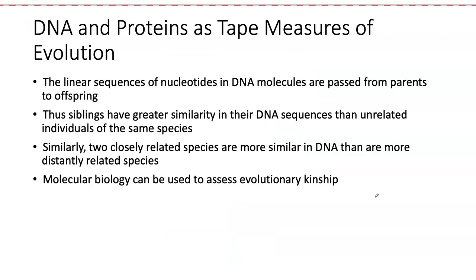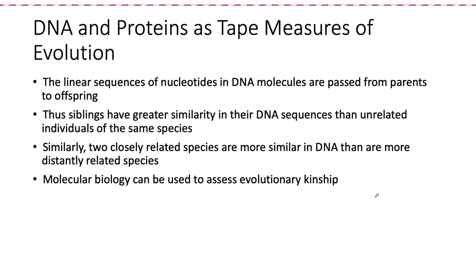Finally, we're going to end up talking about how DNA and proteins are important in measuring how fast evolution has happened. If we look at the linear sequence of nucleotides in our DNA and how that sequence is passed from parent to offspring, what we know is that siblings have more similarity in their DNA because they have the same parents and the parents have given them bits of their DNA.